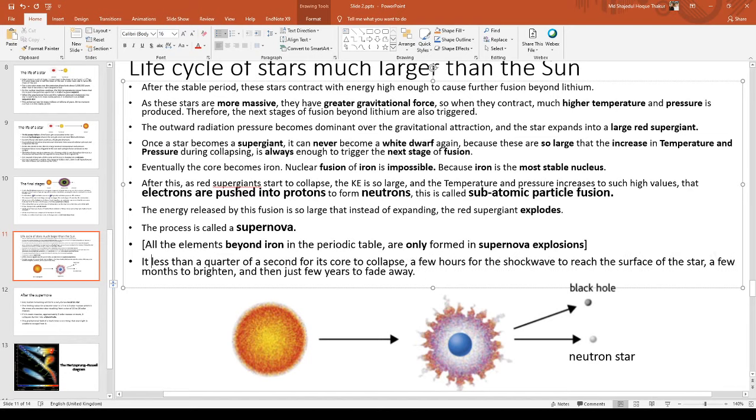It takes less than a quarter of a second. Quarter of a second you will have difficulty understanding, so I'll say 0.25 second. It takes less than 0.25 second for its core to collapse. So this subatomic particle fusion, 0.25 seconds.